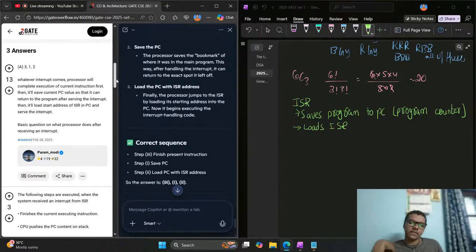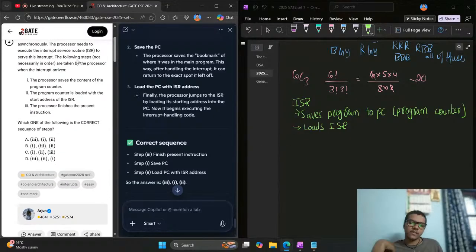This is mostly a theory question, right? The processor finishes the present instruction, and the processor saves the content of the program counter. The program counter is loaded with the start address of the ISR.